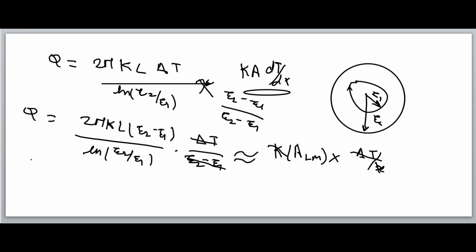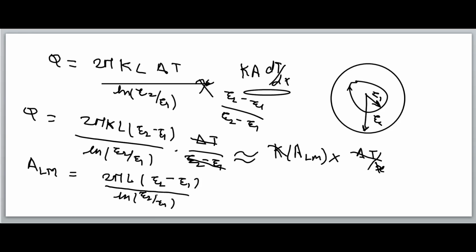Then we will get A LM, that is log mean area, will be equals to 2 pi L into R2 minus R1 upon ln of R2 by R1.